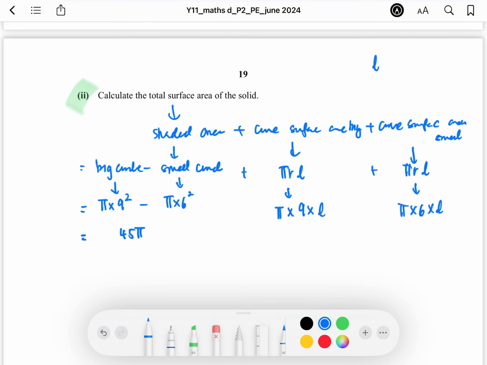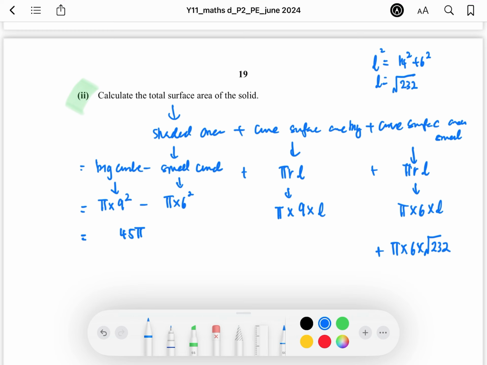So 14 squared plus 6 squared, so L is equal to the square root of 232. I can leave it like that, that's fine. So that means pi times 6 times square root of 232.